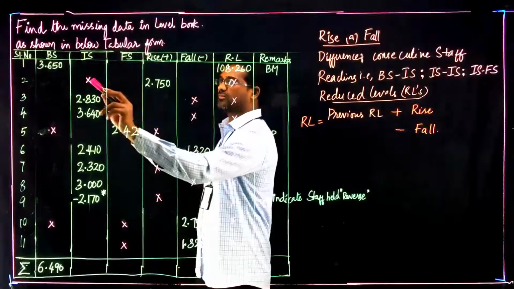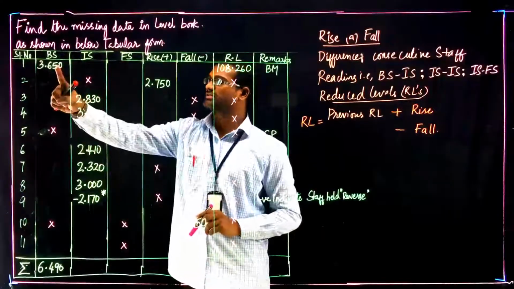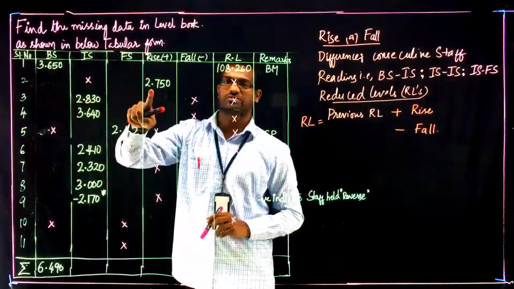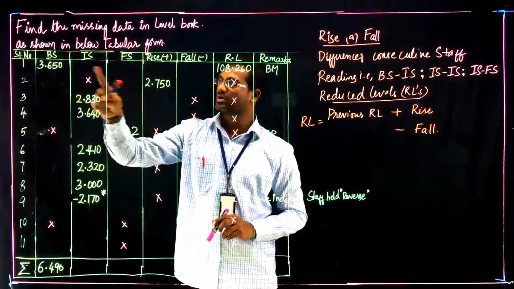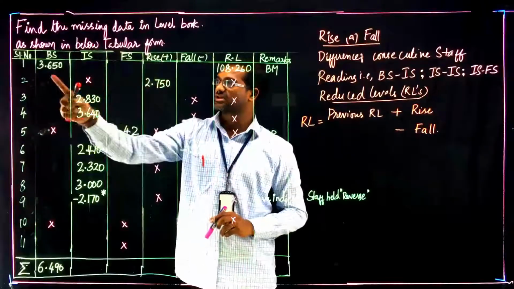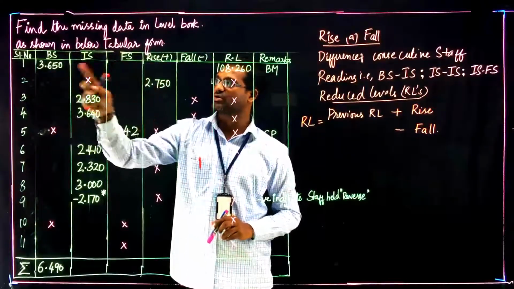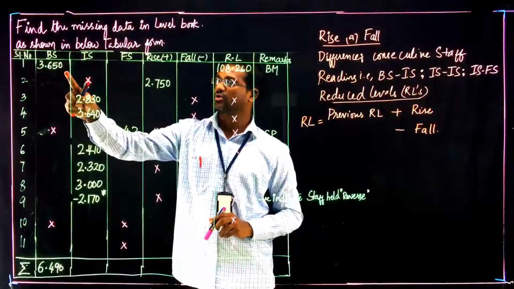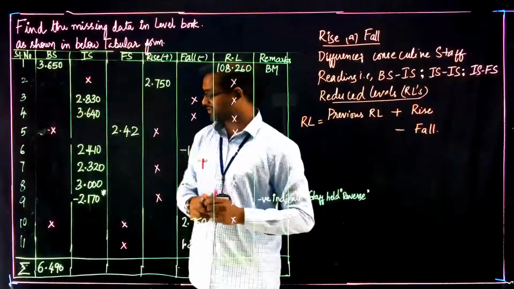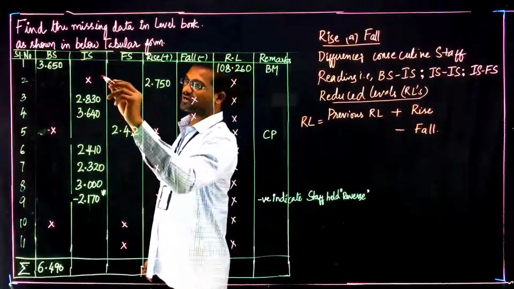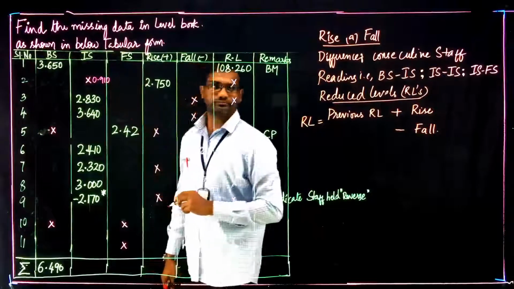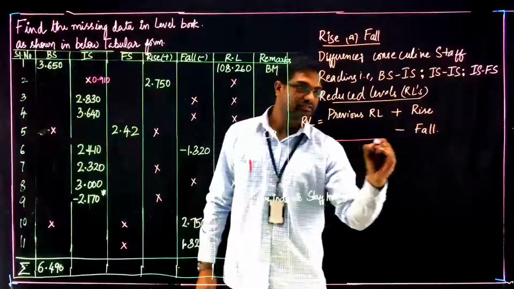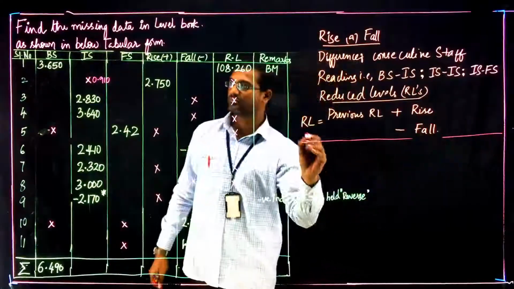So this value can be calculated as this minus this. When you are getting a rise, this value is less than this. So 3.650 minus 2.750 will give you a value of 0.910.